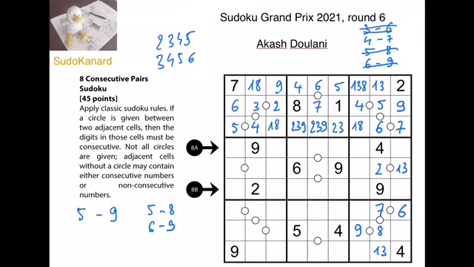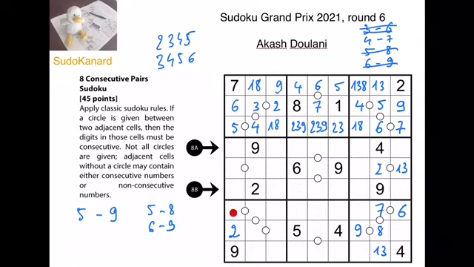What's next? This 2 is not here. Can it be here? No, because 2 here would put a 3 there, which would clash. So we get a 2 in this position. This one can't be a 1, because it would put a 2 here.